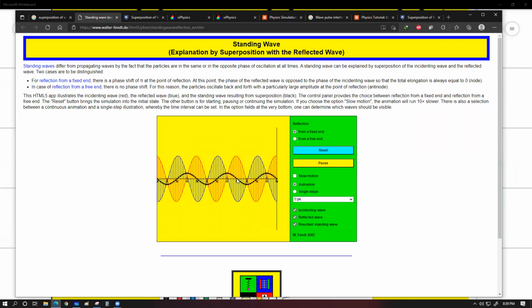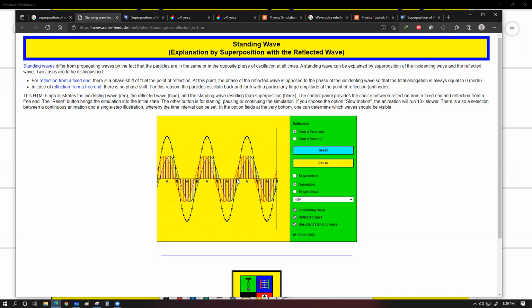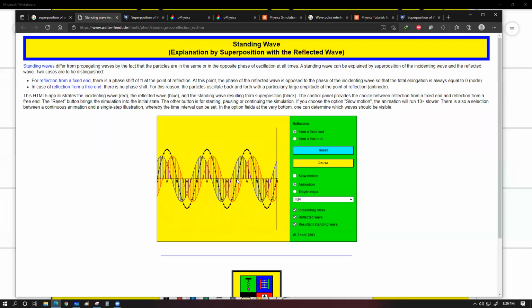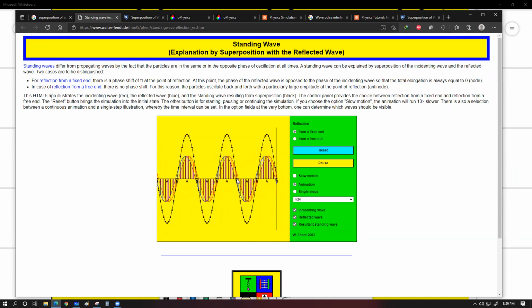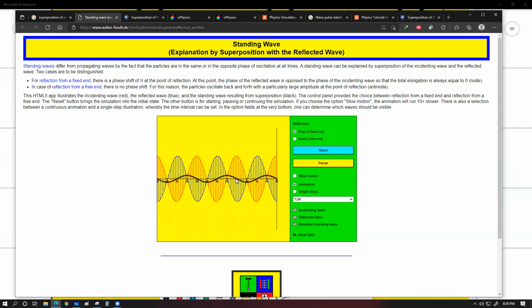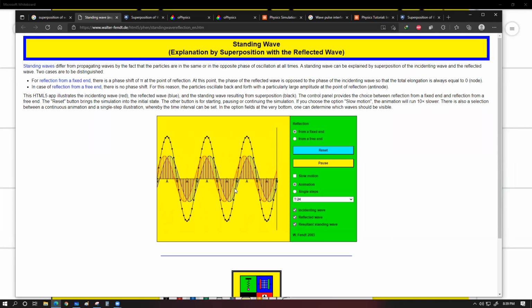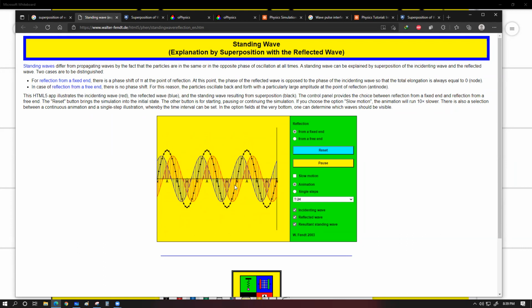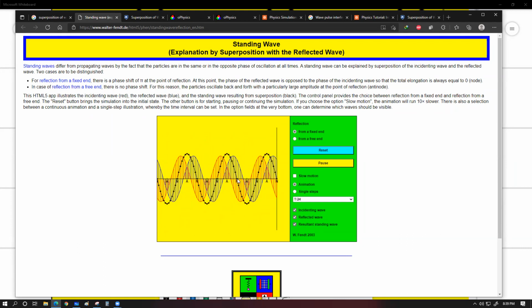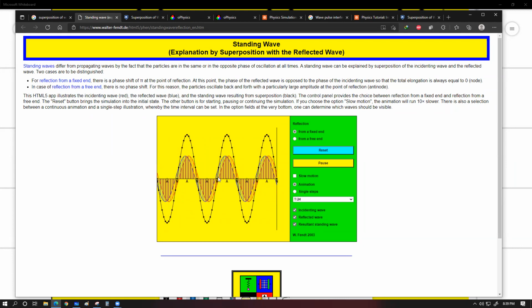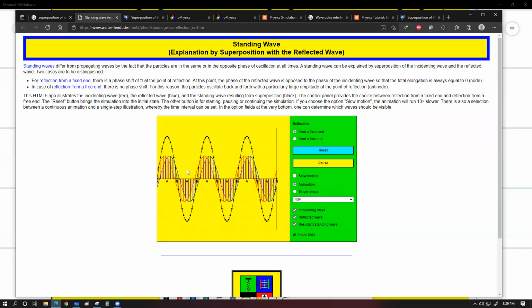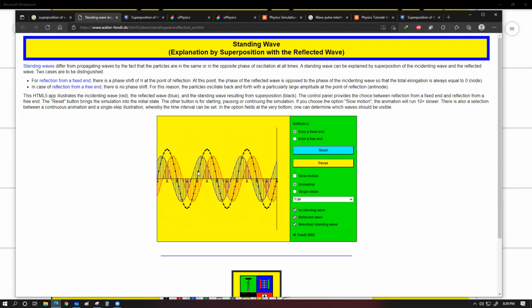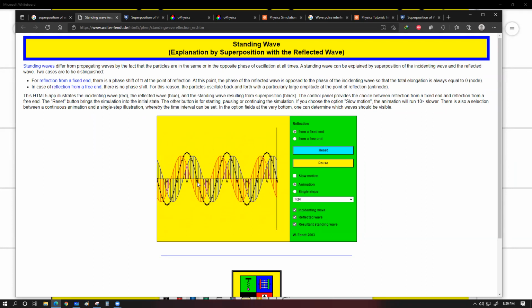A node position is always in the same position, sir. Exactly. So what is the amplitude of the node position? 0, sir. Beautiful. So what is the amplitude of the point next to the node position? It has some value, right? So are the amplitudes of this point and the node point equal? No, sir. So what I'm trying to say is that individual points on the stationary wave all have different amplitudes because they are all rising up and down to different maximum heights.